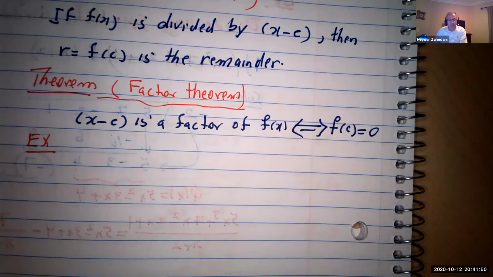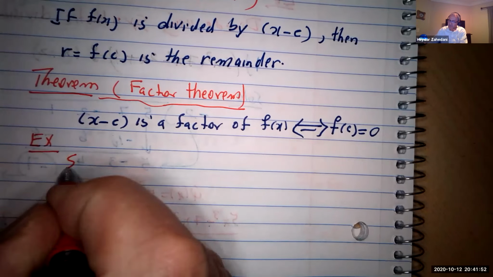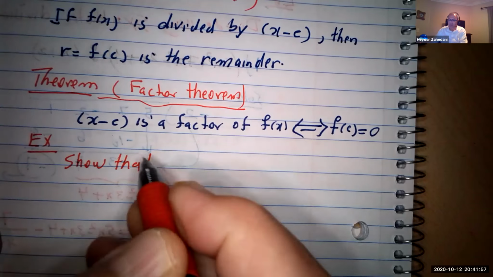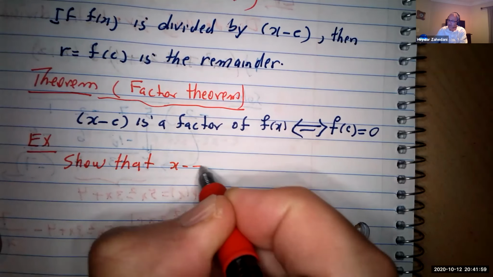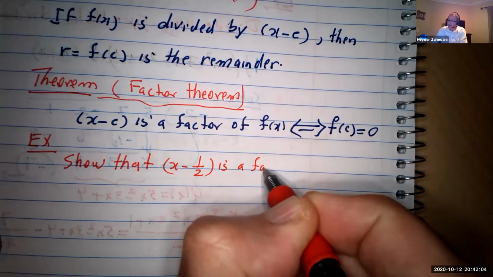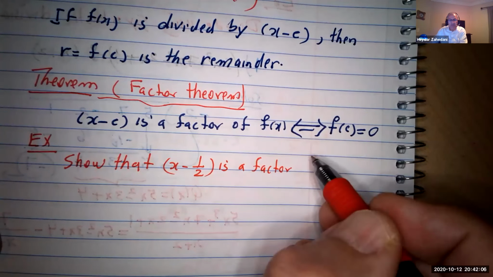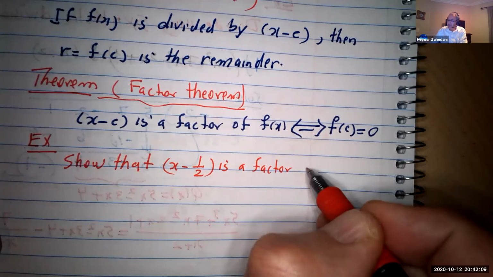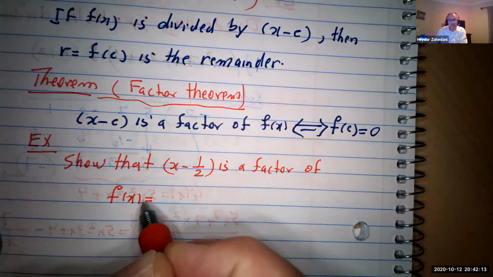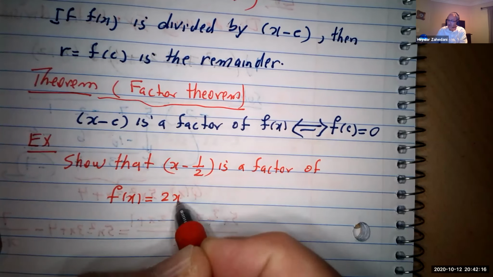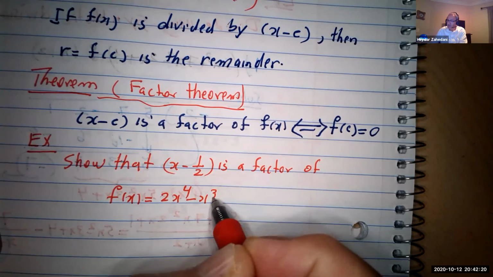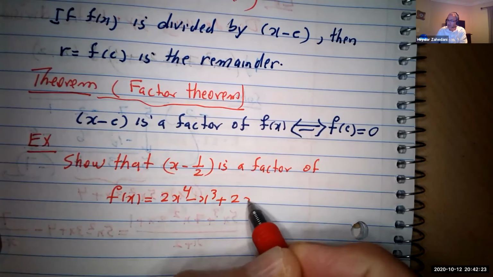Show, for example, that x minus 1/2 is a factor of this polynomial, f of x equals 2x to the fourth minus x cubed plus 2x minus 1.